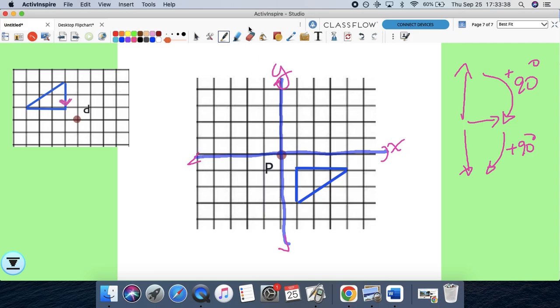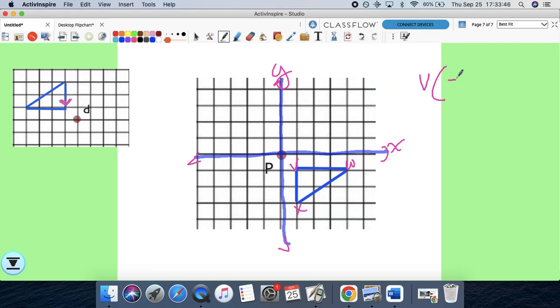All right, so again, let's call the points V, W, X. Point V is 1, -1, point X is 1, comma, -3, and point W is 4, comma, -1.